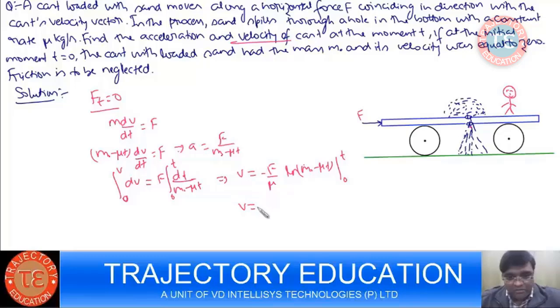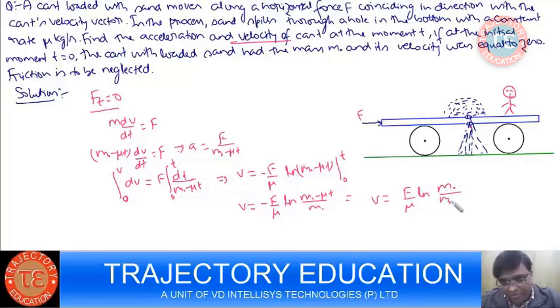So this is minus F by mu log of (m naught minus mu t) upon m naught. That's the velocity of the flat car.